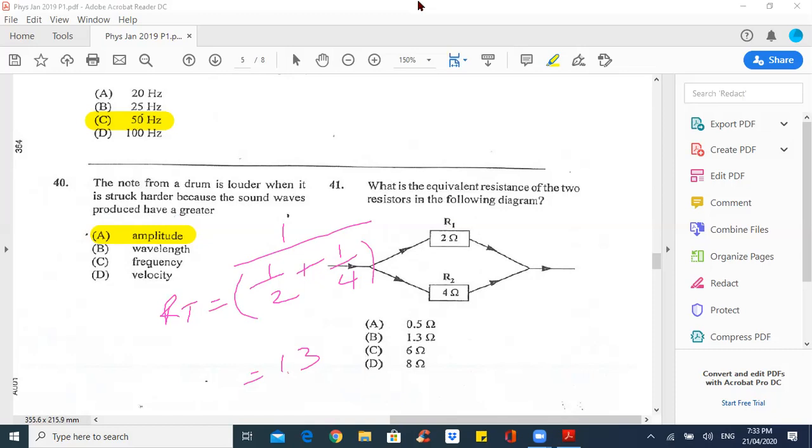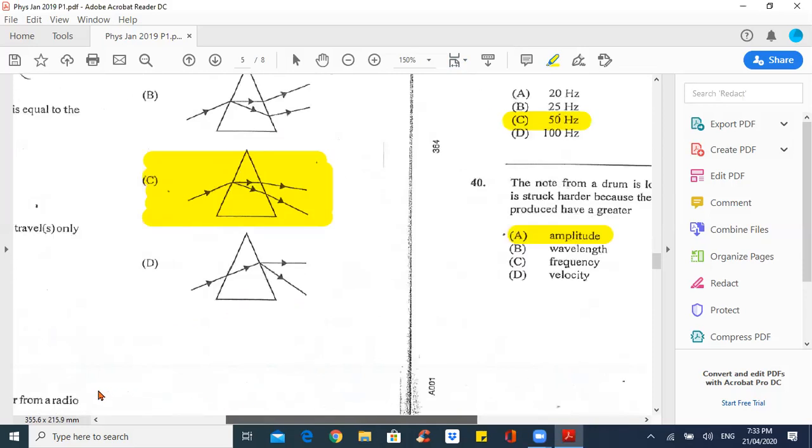You'll get 1 over 3, which equals 1.33. The answer is 1.33333. So the answer is B for that. Good. Number 42.